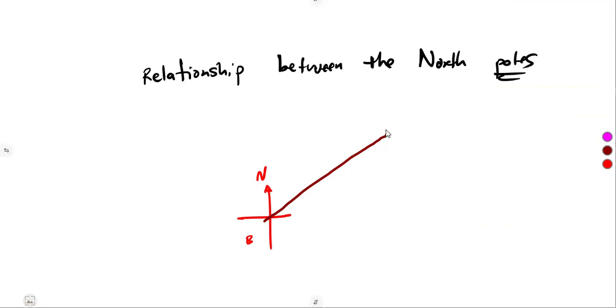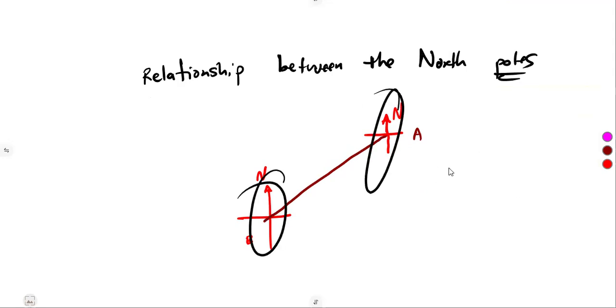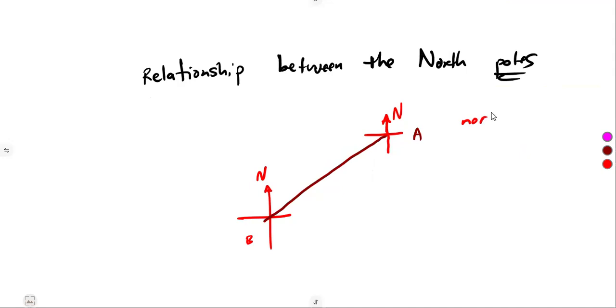And where you reach the point A, you can indicate a north pole as well, just like I said before. So this will be your point A. These two north poles, the one at A and the one at B, will never meet. They are parallel. So north poles are parallel.